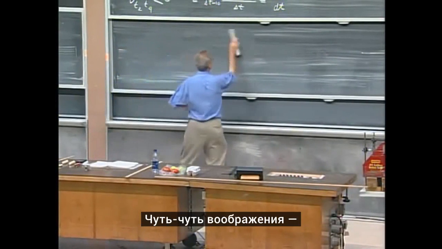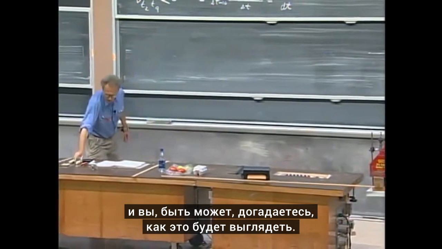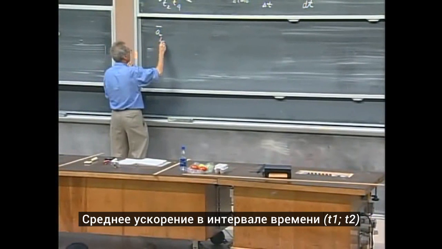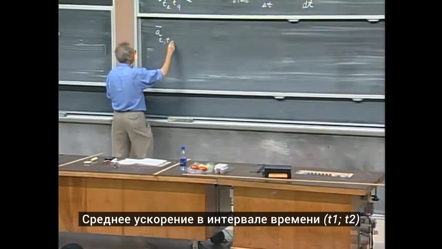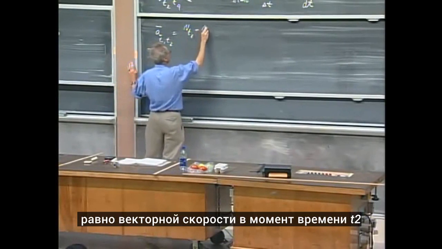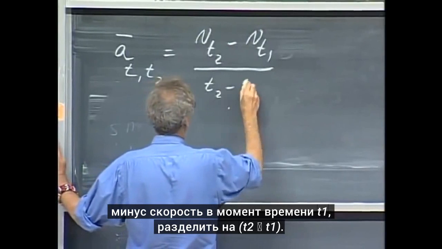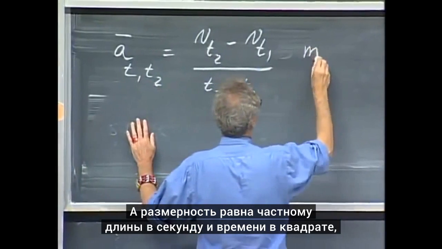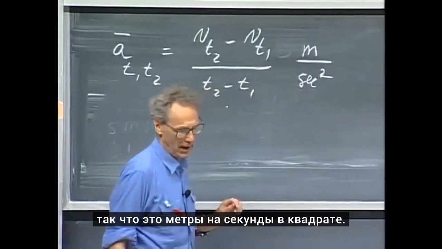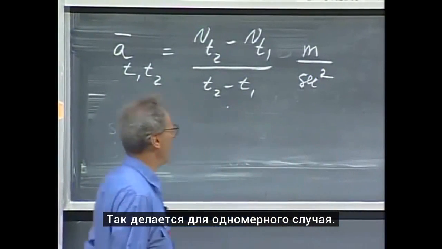And with a little bit of imagination, you can probably guess what that looks like. The average acceleration between time t1 and time t2 would then be the velocity at time t2 minus the velocity at time t1, divided by t2 minus t1, and the dimension is length per time squared, so it's meters per second squared. This is for a one-dimensional situation.